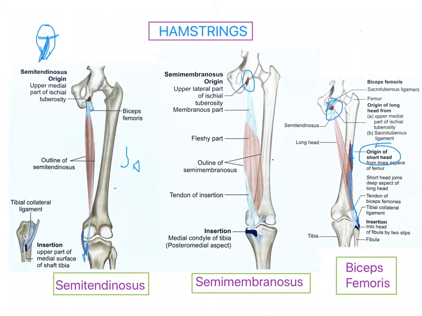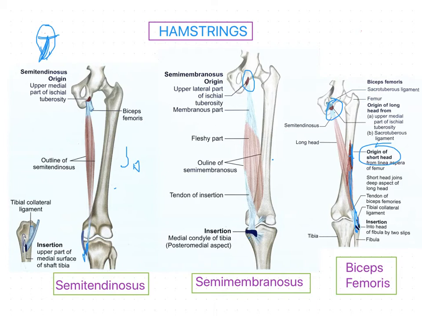Here is one interesting thing near the insertion. These two tendons are united, and we can call it a common tendon, which is inserted into the head of the fibula. Just above the insertion, the tendon splits into two parts that embrace the fibular collateral ligament.